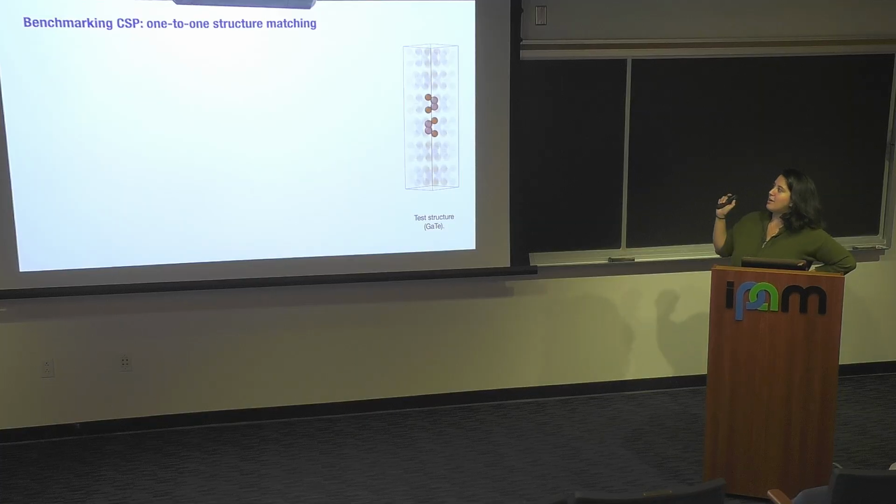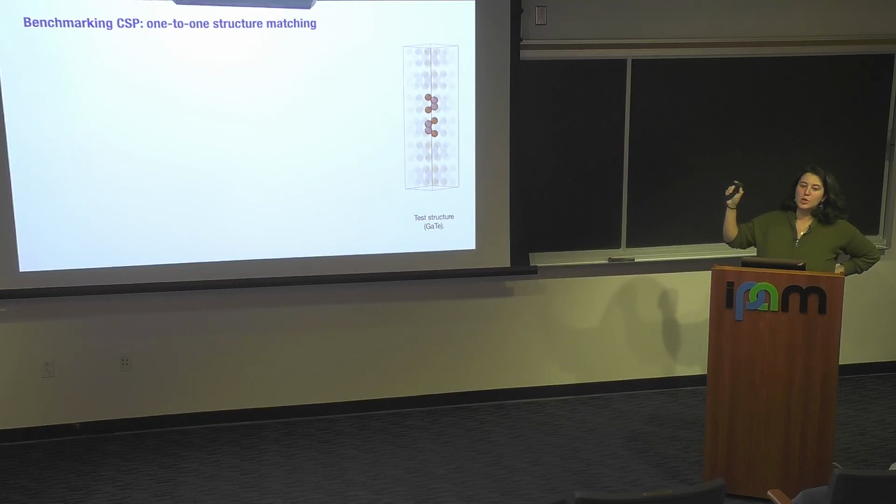Okay, so crystal structure prediction. I just want to say a little note about benchmarks, because the way that we might benchmark these models is relevant in how we train them. As I mentioned, we have this very flexible design space of interpolants, and how we figure out which ones are the best is through benchmarks.